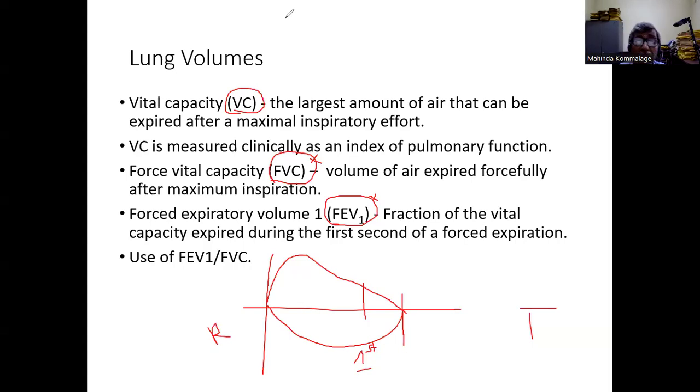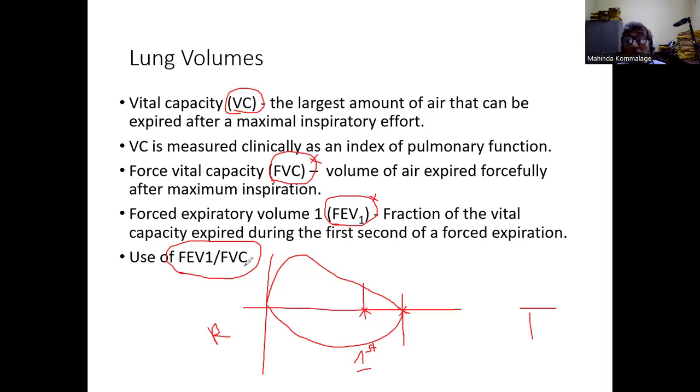FVC should be high because we let the person continue to maintain airflow for a considerable period. But here we take only the volume in the first second. Somewhere here, if this is time, we take up to here, but this is the total. So volume wise, here is less volume. Therefore, we can talk about the ratio, the FEV1 to FVC ratio.